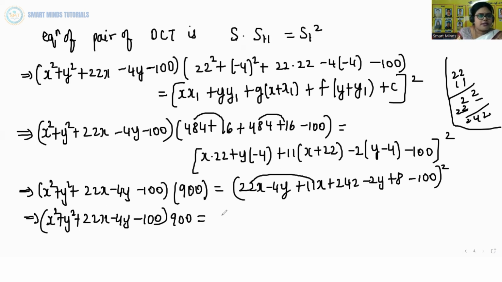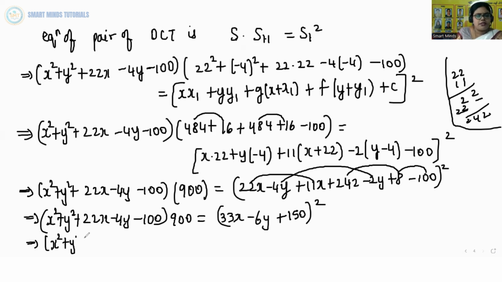22x plus 11x is 33x. Minus 4y minus 2y is minus 6y. 242 plus 8 is 250. 250 minus 100 is 150. Now again left hand side I am not disturbing. I am writing as it is. Now from right hand side if I take 3 common, you have whole square.